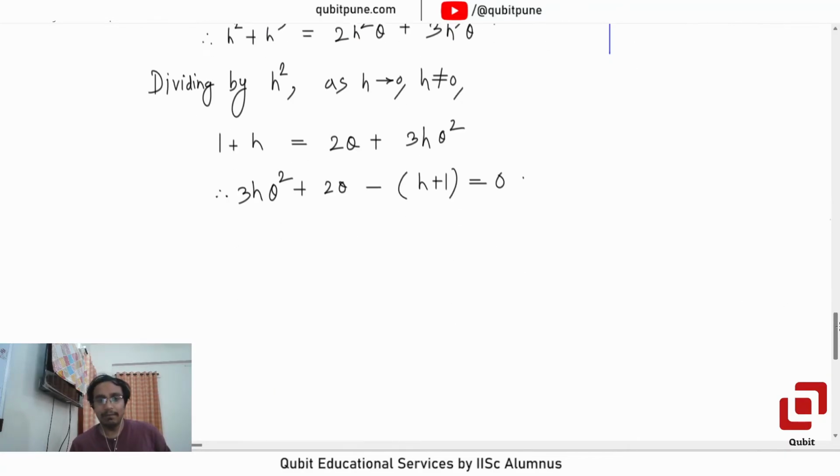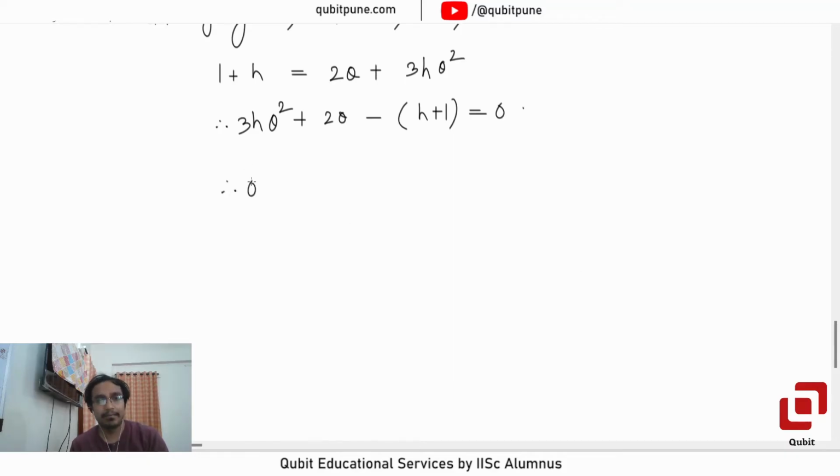Now we will solve it for θ. Minus b plus or minus root of b squared minus 4ac. Now we have 3 there and a negative sign, so that will make it 12 into h into (h plus 1).